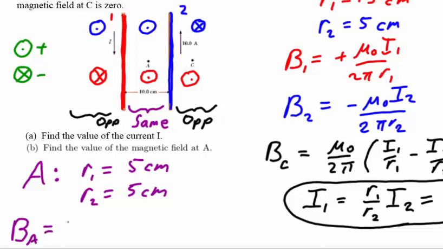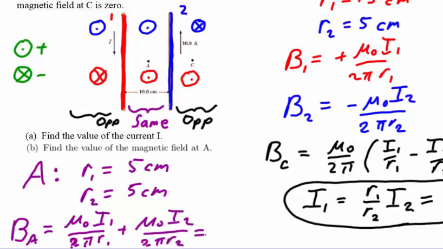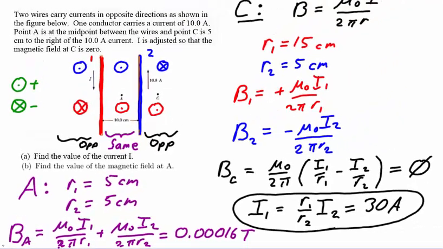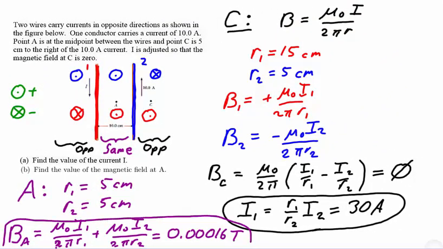Therefore, the total magnetic field at point A is going to be the simple sum of the two contributions, mu 0 I1 over 2 pi R1 plus mu 0 I2 over 2 pi R2. Plugging in the numbers, we get a grand total of 0.00016 Tesla. And that ends the analysis of the magnetic field at point A.